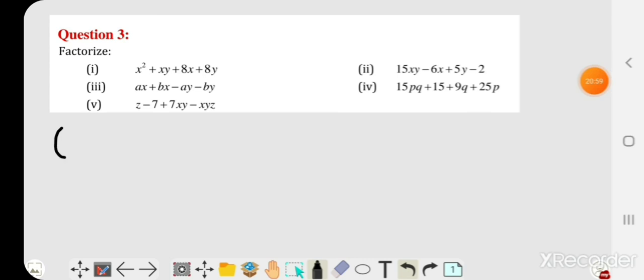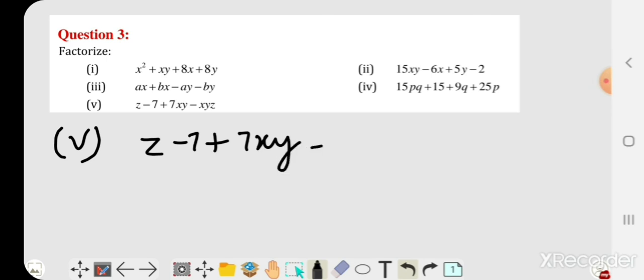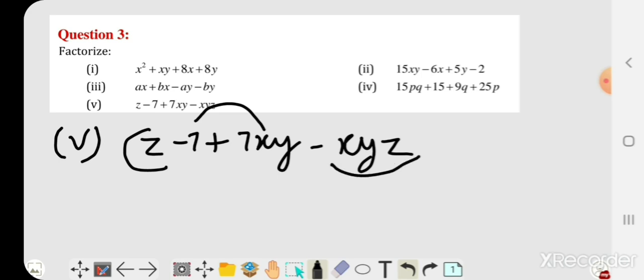Now part 5, z minus 7 plus 7xy minus xyz. In these, it is evident that in the second and third terms 7 is common. So let's write these two together, as these two are already together, but we need a pair for z also. So what can be paired with it? xyz? Yes, because z is there. So let's write z minus xyz.